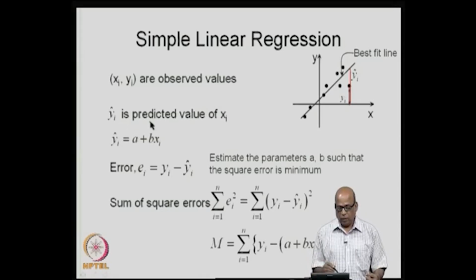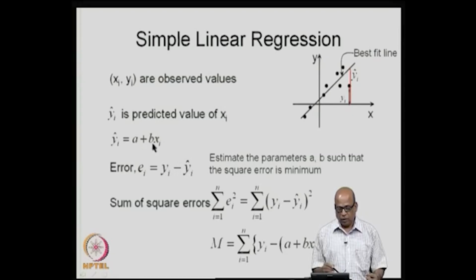So, y_i cap is the predicted value for x_i, and we write y_i cap as a plus b x_i because we are fitting a straight line. What is the error? Your actual observed value is y_i, but your predicted value is y_i cap. Therefore, the error e_i for the point x_i, y_i is given by y_i minus y_i cap.